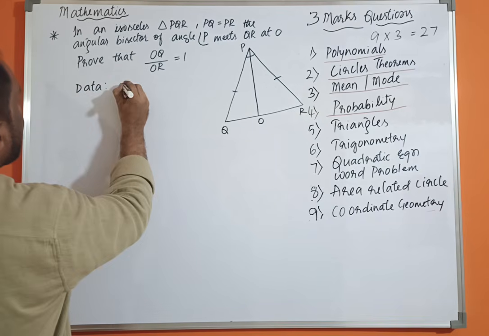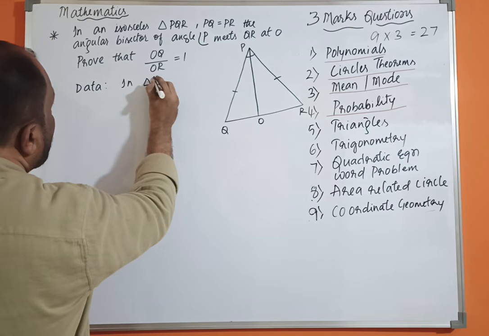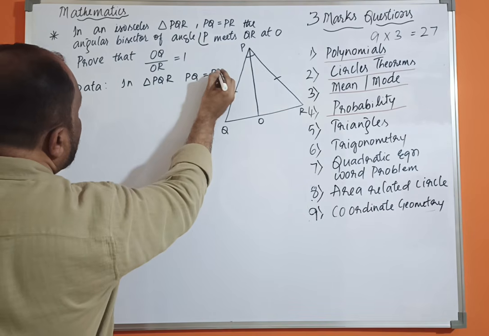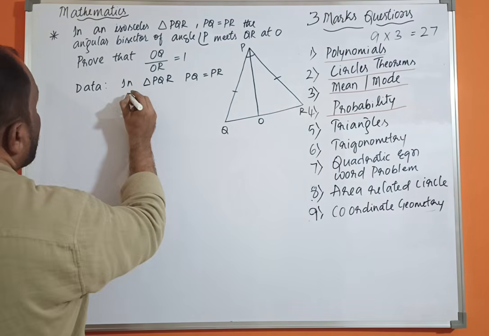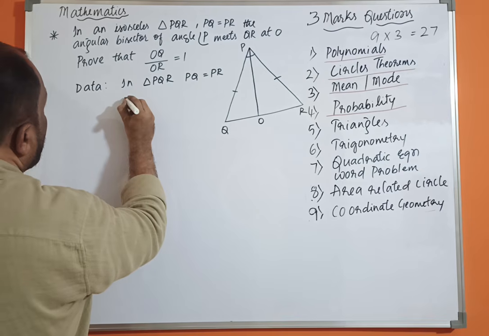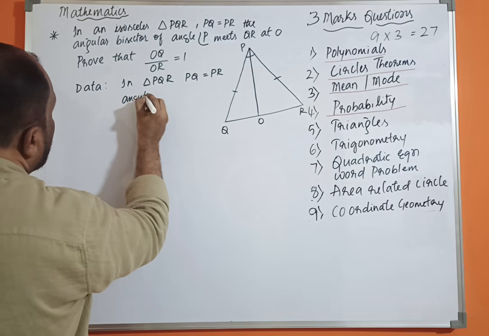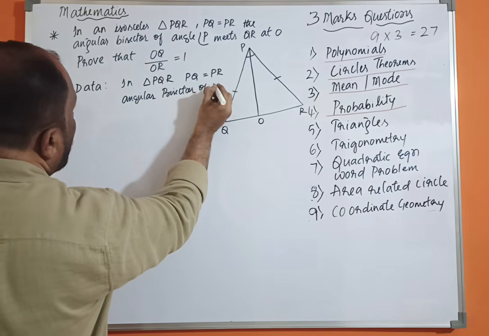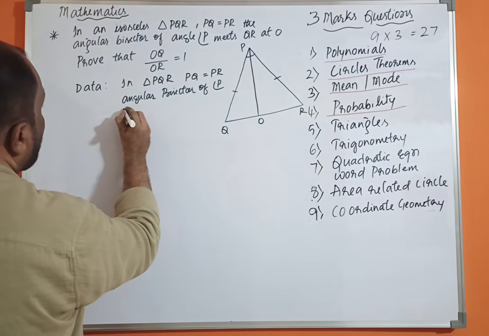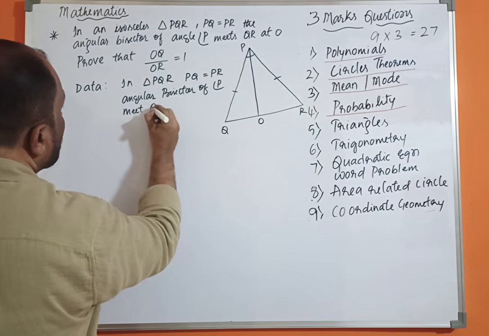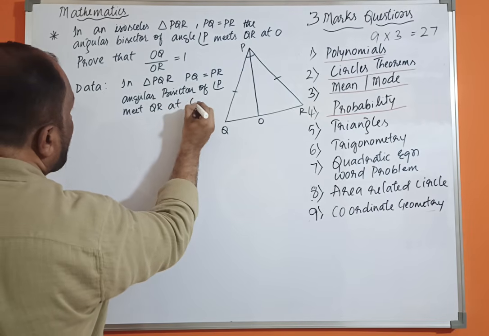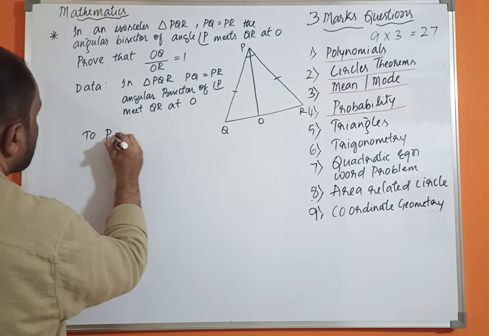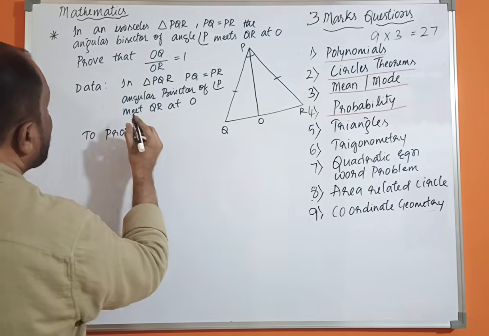Okay, let us write the data first. In triangle PQR, PQ is equal to PR. Angular bisector of angle P meets QR at O. So what do I need to prove?